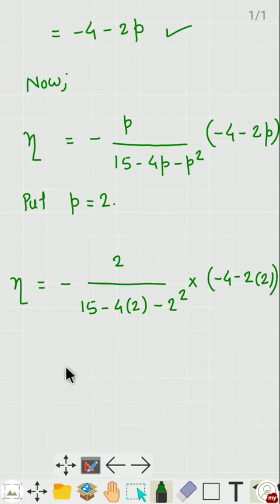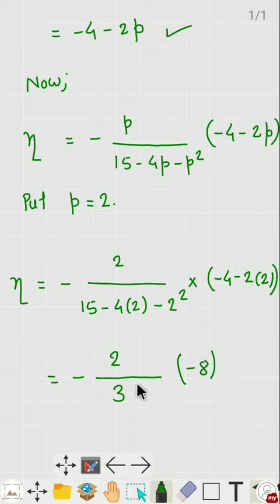It is equal to minus 2 divided by, 15 minus 8 minus 4, so minus 8 minus 4 is minus 12, and plus 15 is plus 3, into the bracket, minus 4 minus 4 is minus 8.